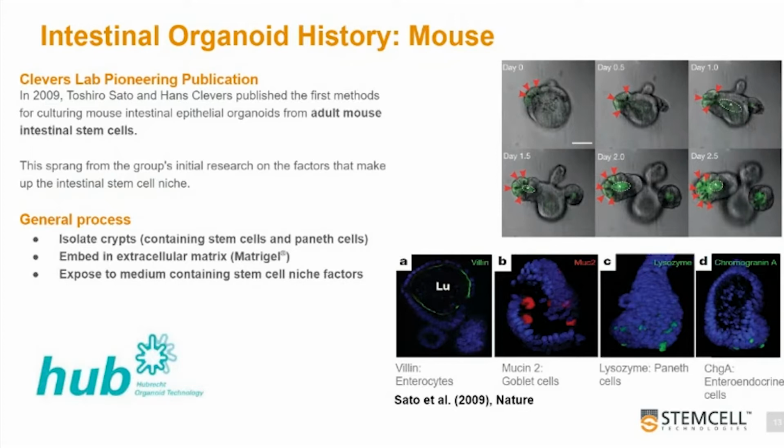The general process to generate adult stem cell derived intestinal organoids is to isolate the crypts from the adult tissue, and crypts are the region of the intestinal epithelium that contains the stem cells, and then embed these crypts into an extracellular matrix and expose them to media conditions that contain stem cell niche factors. These are essentially the growth factors that are present in the crypt domain that will help maintain the stem cell characteristics.